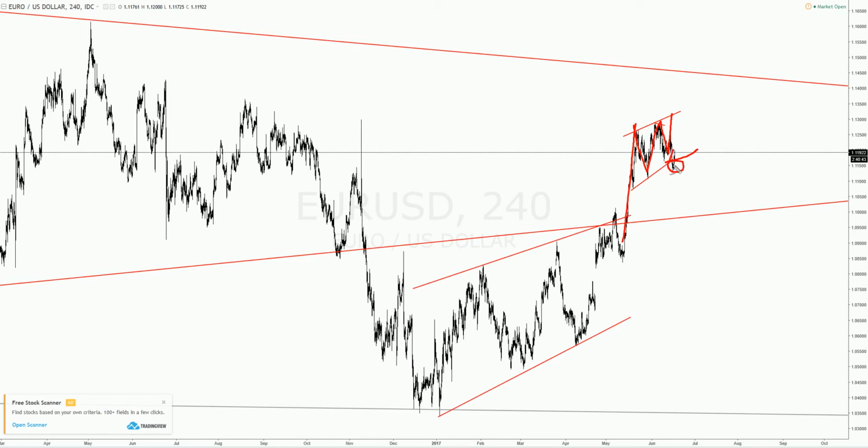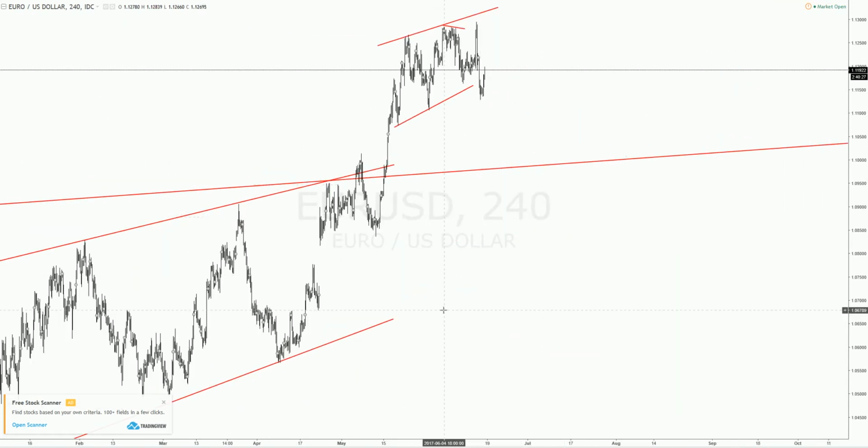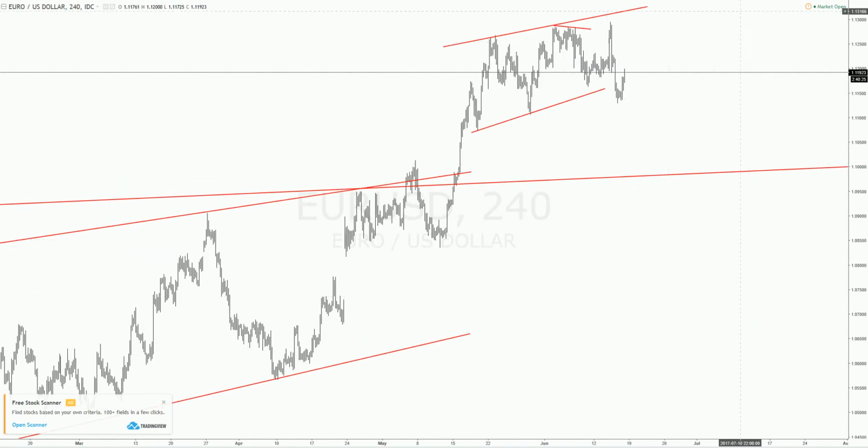Now it's bouncing back in. This formation usually does lead lower. Okay, so we had a break, a bounce. How deep is this bounce going to be? I don't know, but for now, again, the bias is to the downside.